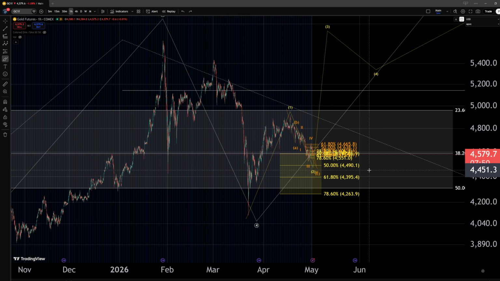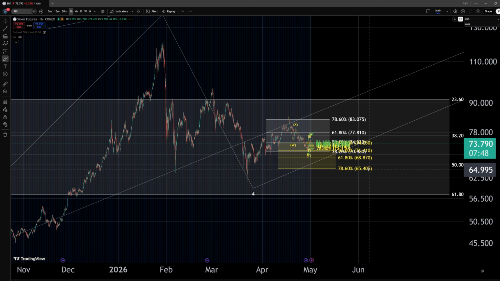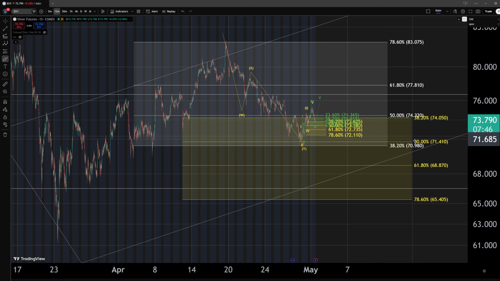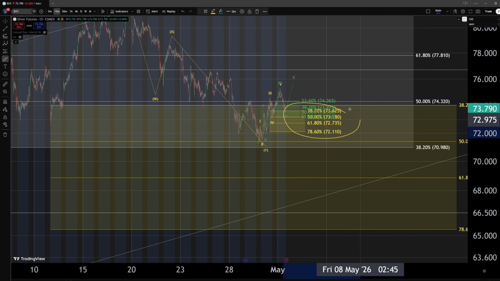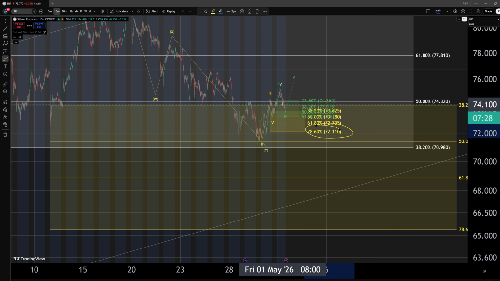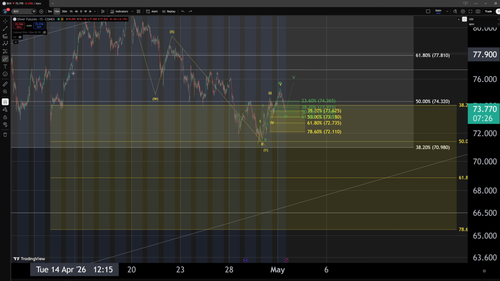Now, moving back to the silver chart, here I am still watching for this potential additional high within this green interpretation. If we are to extend directly into the yellow area of support, we have here internally down to $72.1. I would still find it interesting, but be aware that if we get a sustained break below the 78.6% retracement, we might as well be extending to even lower prices.